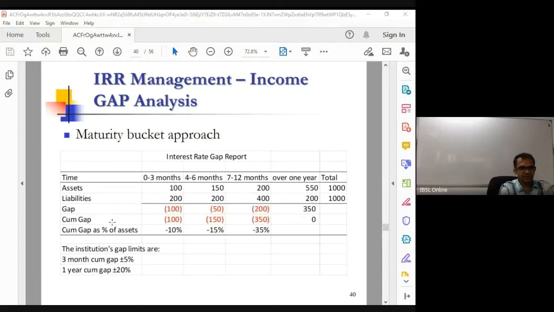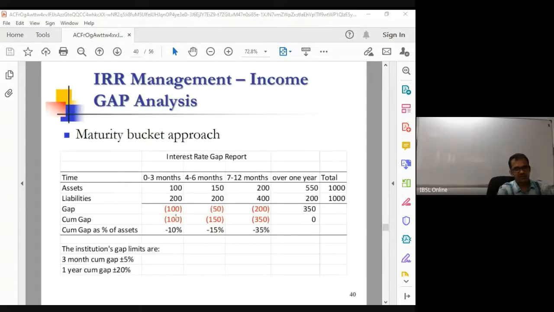So when you do the cumulative gap, at the end it should be 0. What is the cumulative gap? This is the gap for 0 to 3 months. This is the gap for 4 to 6 months. If we consider the gap for 0 to 6 months, the whole period, that is the cumulative gap.